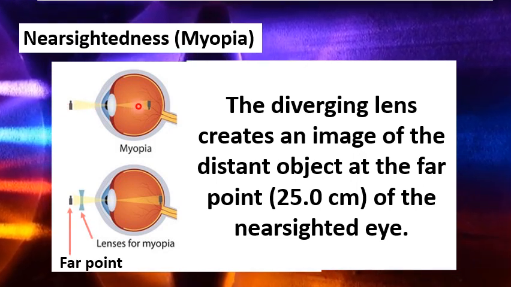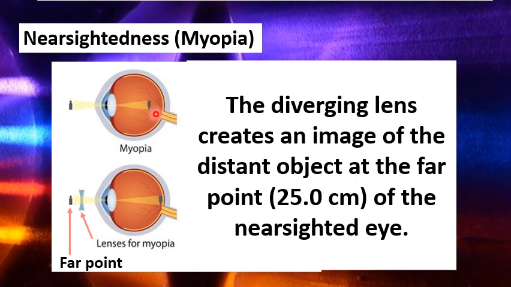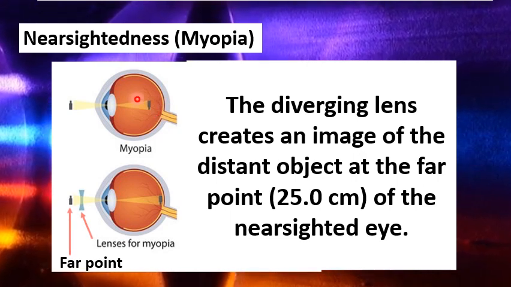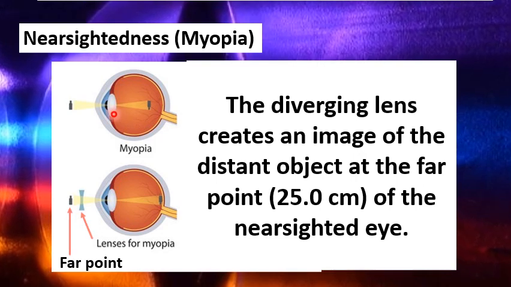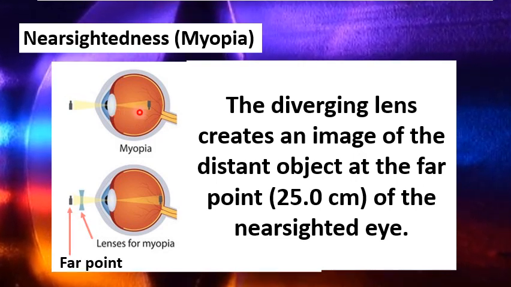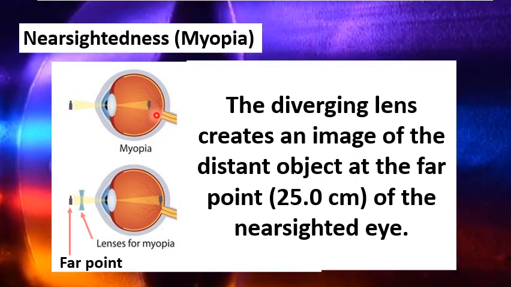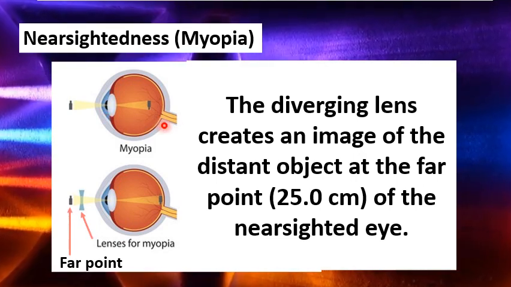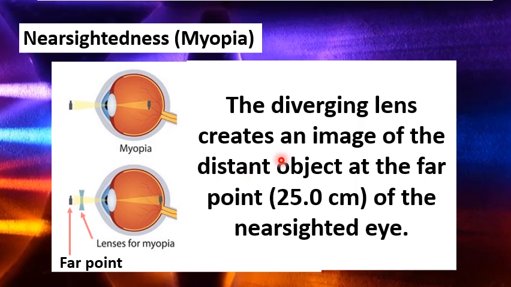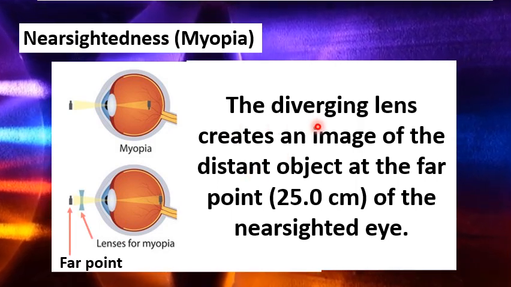This is because the eyeball is relatively too long, or the cornea is sharply curved. This vision defect can be corrected simply by wearing what we call a diverging lens.